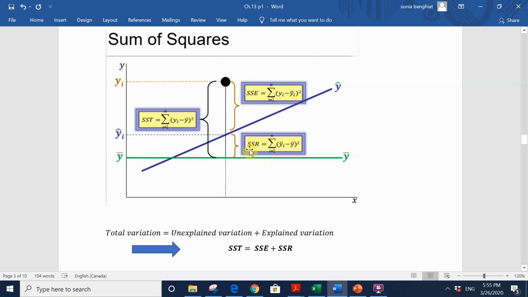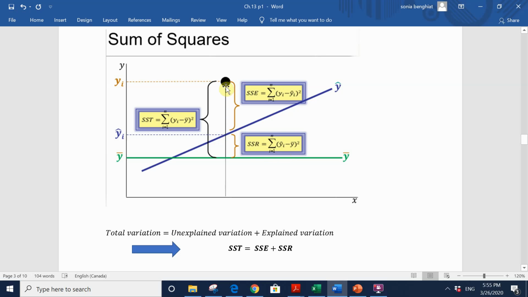You can also call this the sum of squares of the regression variation, hence the R. This is the sum of the deviations of your fitted Y value, or your estimated Y value, for a given x.